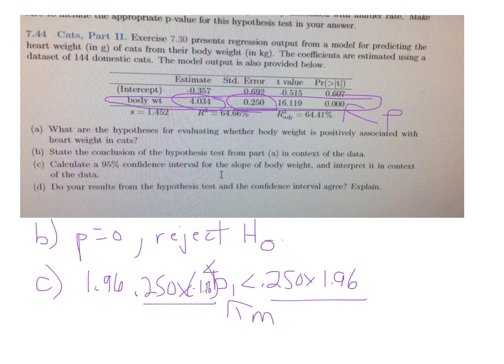And for D, do your results from the hypothesis test and the confidence interval agree? Okay, so the hypothesis test is that we reject it, and we're saying that it's not a positive correlation.